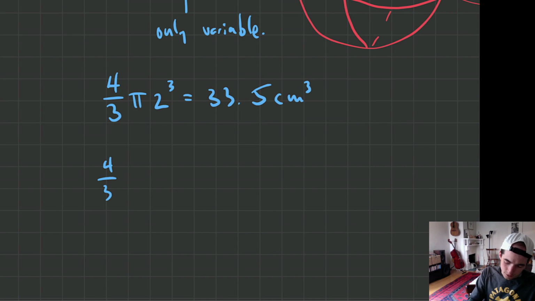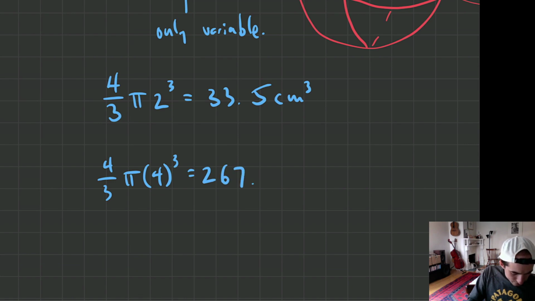So I've got 4/3 pi times 4 cubed, and let's figure out what that is. 4/3 times 3.14 times 4 cubed is 267.9, rounded, centimeters cubed.